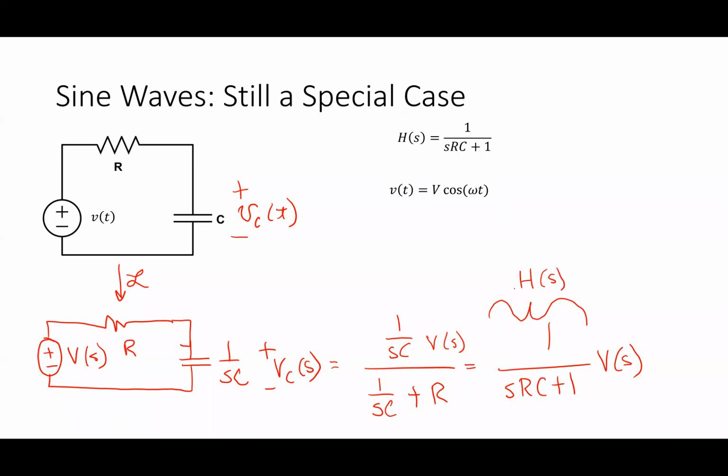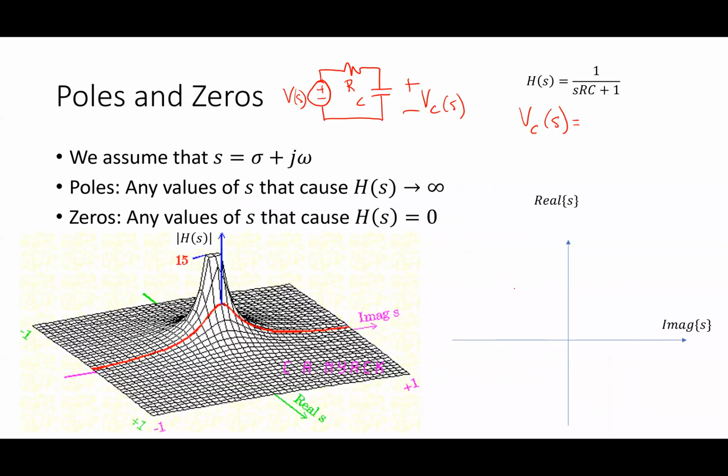Okay. So if I have that transfer function, what we often do, and you guys aren't going to have to do this per se, is that S is typically a complex variable, meaning it's got a real part and an imaginary part.